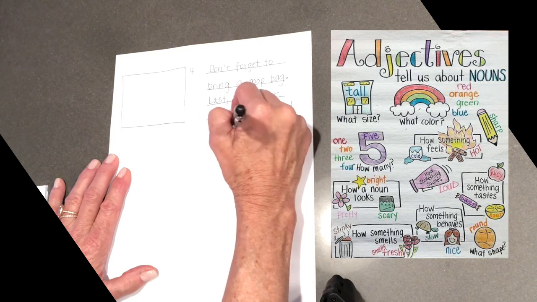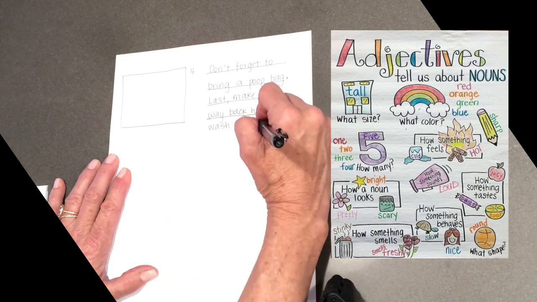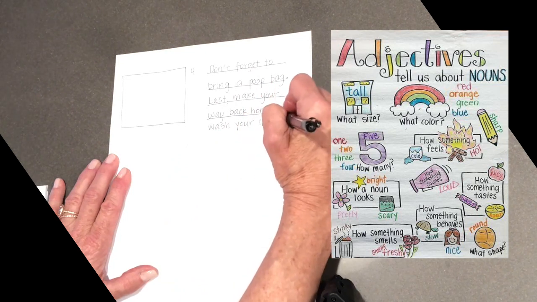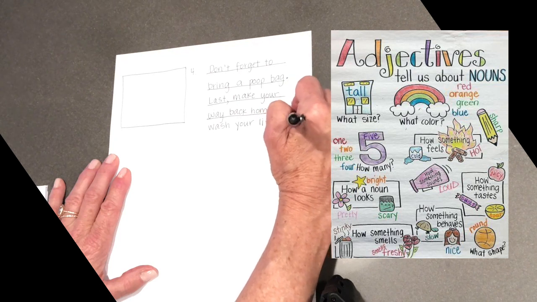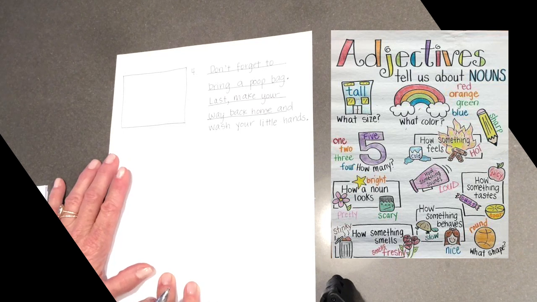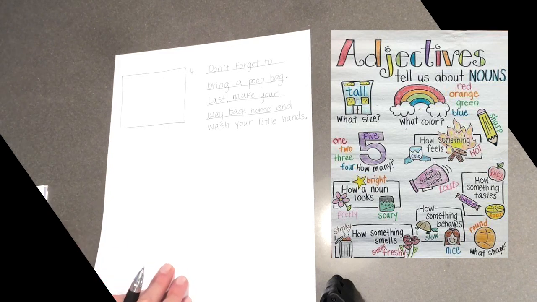Wash your, what do you think? I'm going to say wash your hands for sure if you're going and taking your dog out for a walk. But I'm going to say your little hands. Because if you guys are walking your dog, your hands are little. And that describes your hands. And that's my story of how to walk a dog, adding adjectives to make my story a little more exciting.